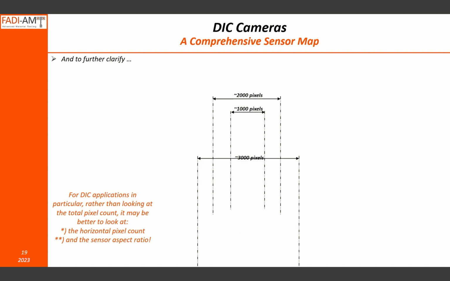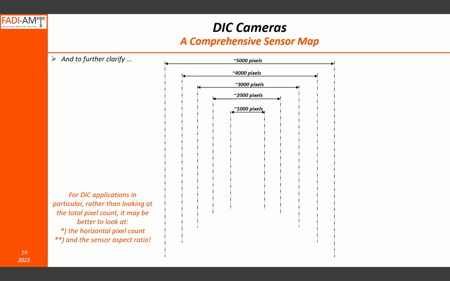So I'm first going to throw, basically to scale, 1,000, 2,000, 3,000, 4,000, 5,000 pixels. And now I'm going to take those sensors that are really popular out there. The 1.2 megapixel sensor. I know some people might think that this is really too old or low resolution. We actually think it's still a decent resolution.